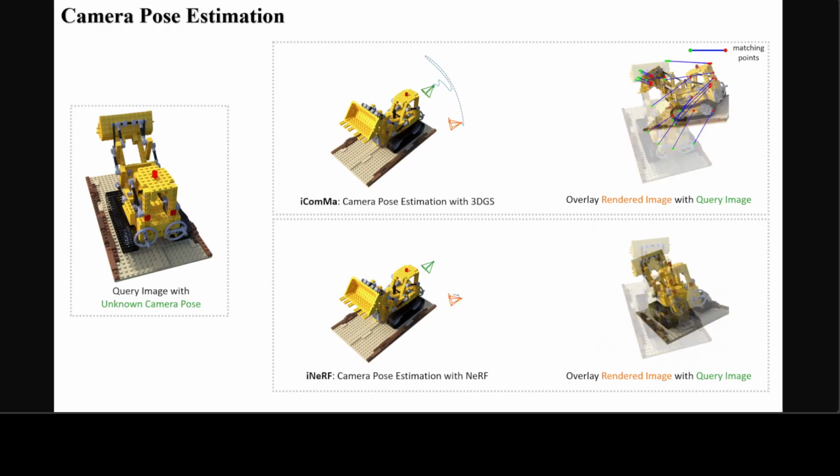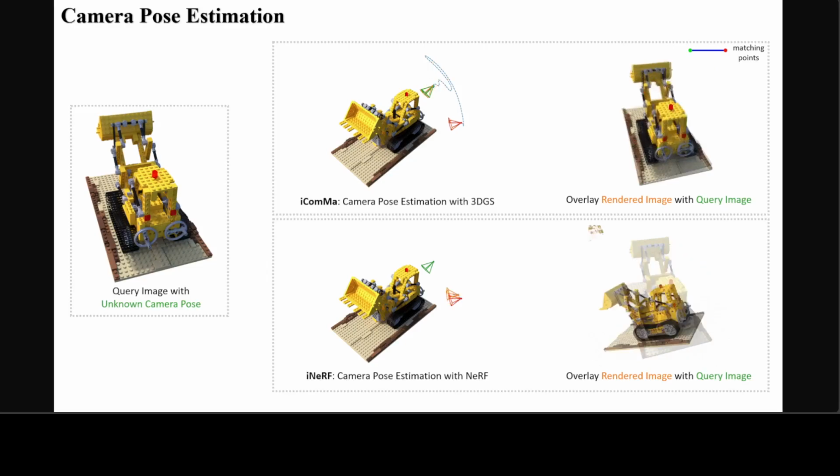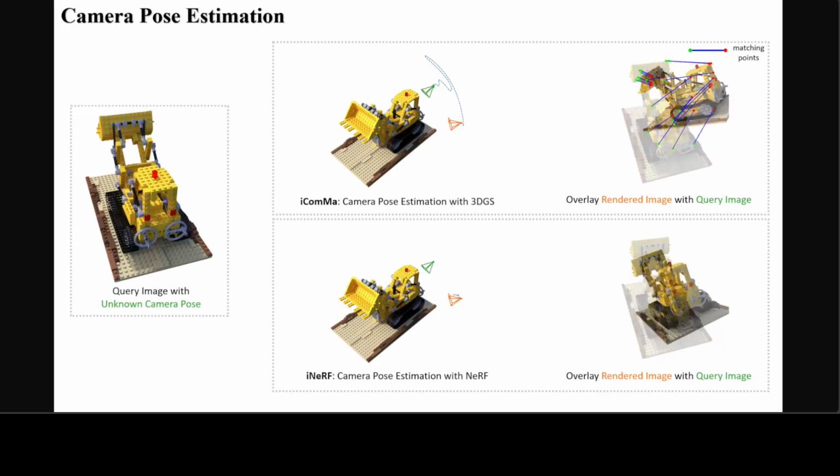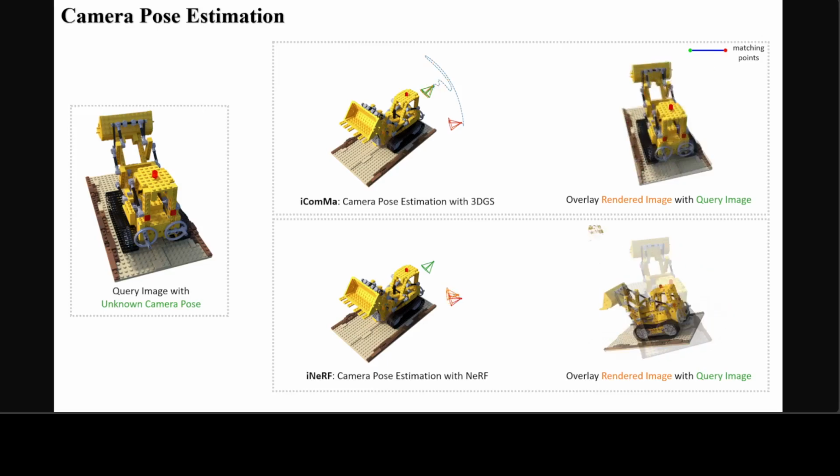If you compare it to iNeRF, this method not only employs pixel to pixel comparing but also utilizes 2D key points matching, which are connected by blue lines in this figure. As a result, this method is capable of precisely estimating camera pose even under poor initial conditions such as large angular deviations.